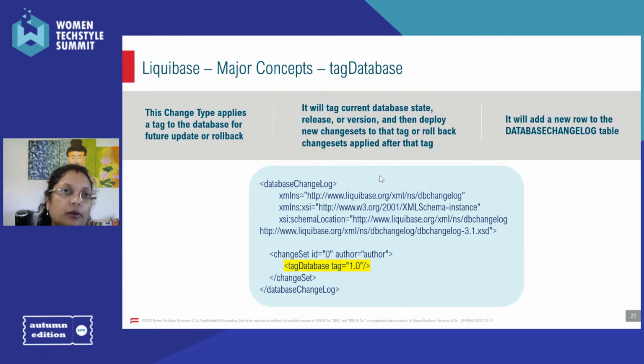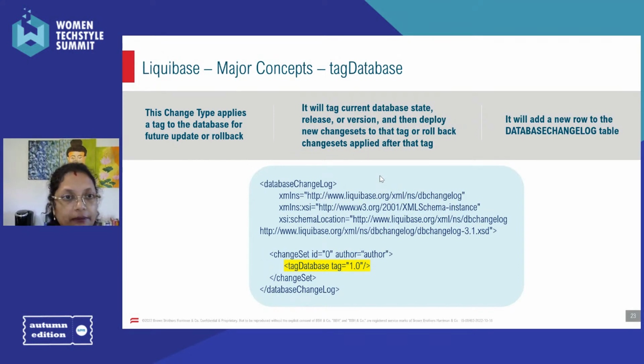It's similar to when we release an application, there is some version associated with it, like 1.1, 1.2, things like that. So it's a similar concept, just tagging the database. If I were to roll back, I can just provide which tag I want to go back to, and Liquibase will understand that I have to roll back these many statements.